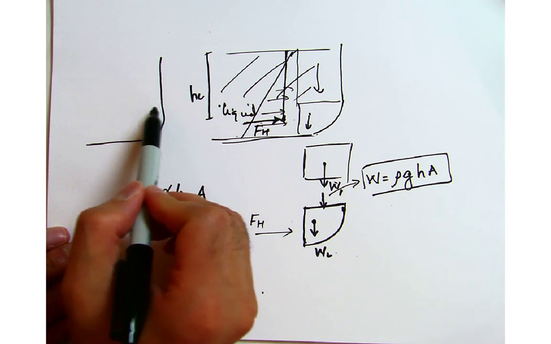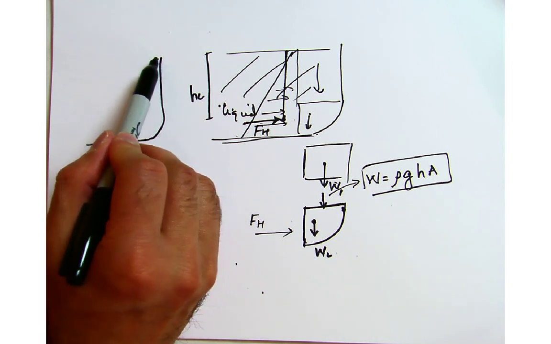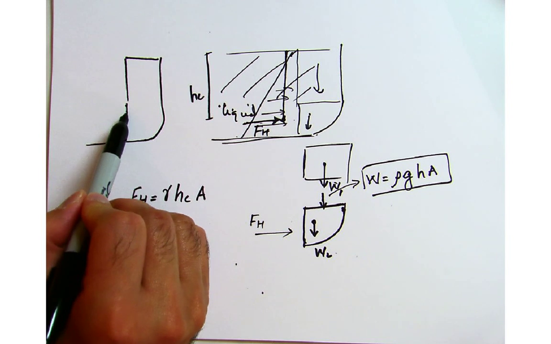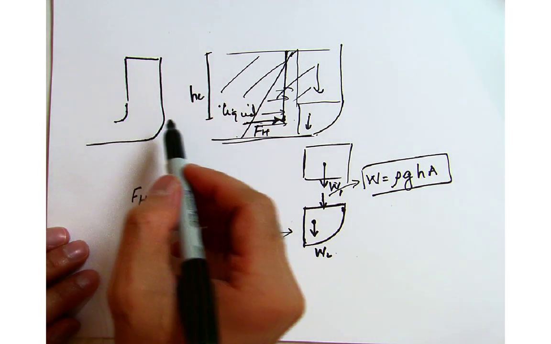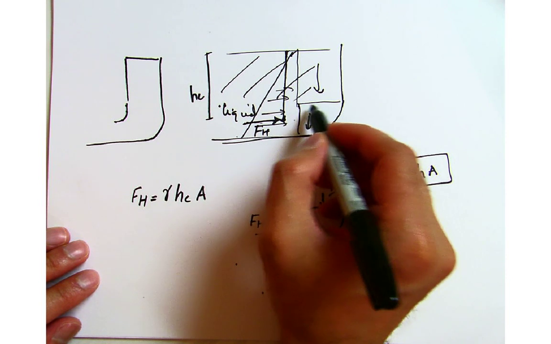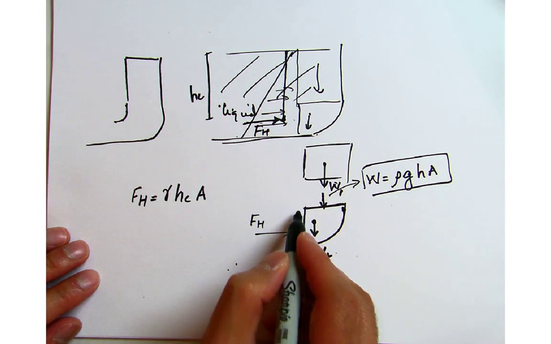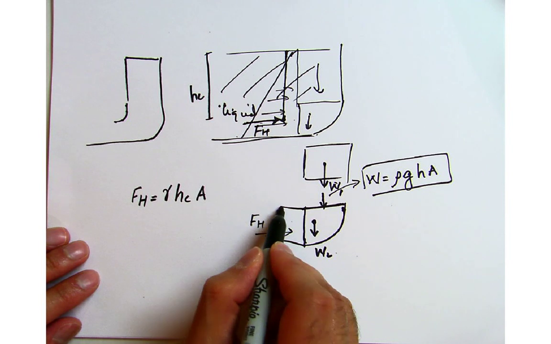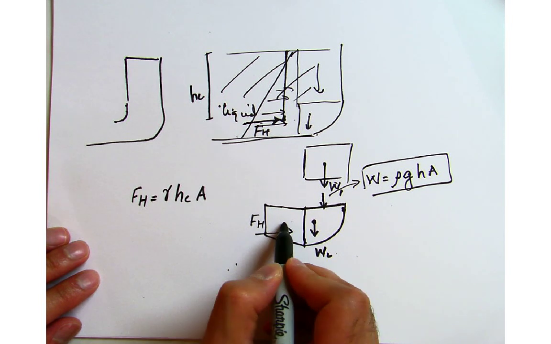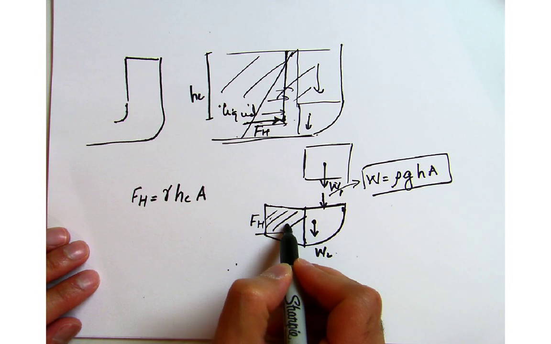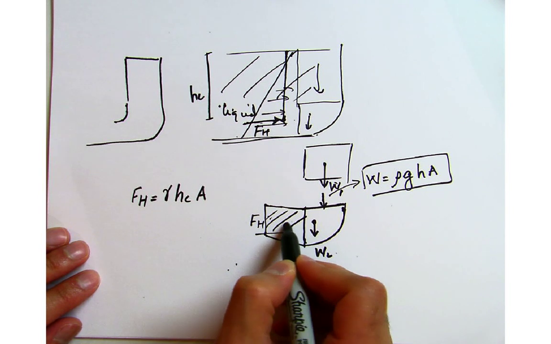This has some width. Anytime you have an object, it will have some width. This is not the best of pictures, but the idea is, if you think about this element over here, this fluid has some width, and this shape is a rectangular shape, and we are looking at the centroid of this shape.